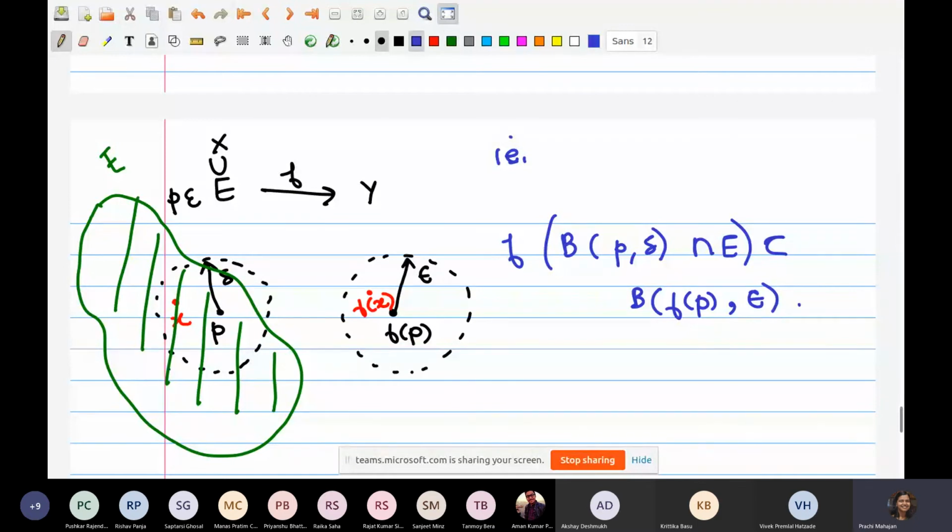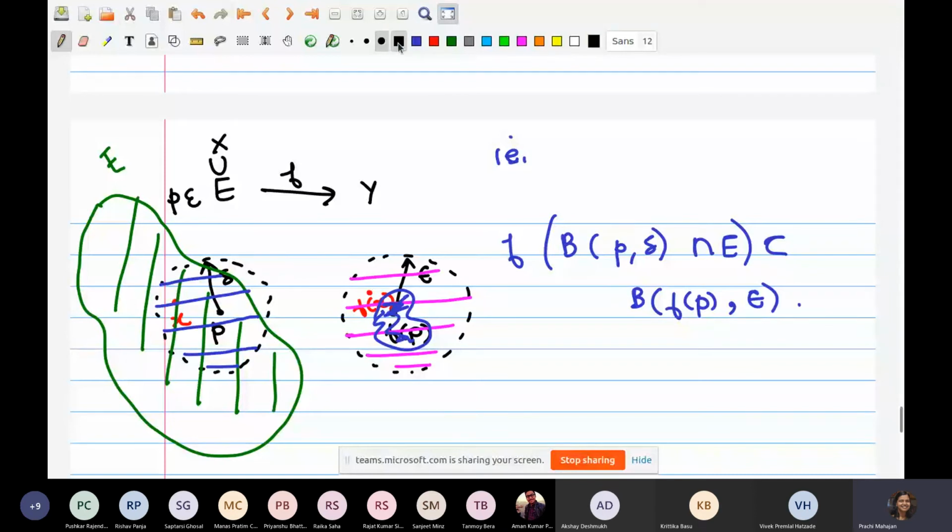So if I look at the delta neighborhood of the point P intersected with the set E, then this blue region is mapped via f somewhere inside this pink disk. So this blue region is somewhere here. Is that okay? Does it make sense to everybody present here?